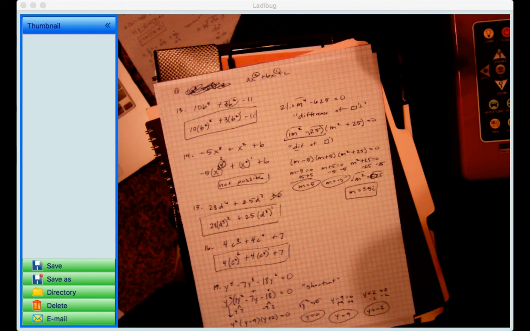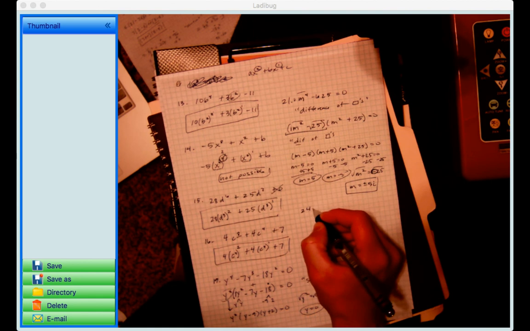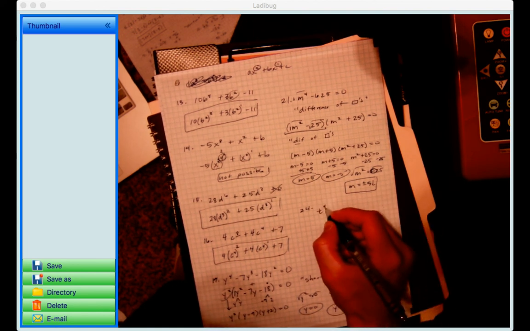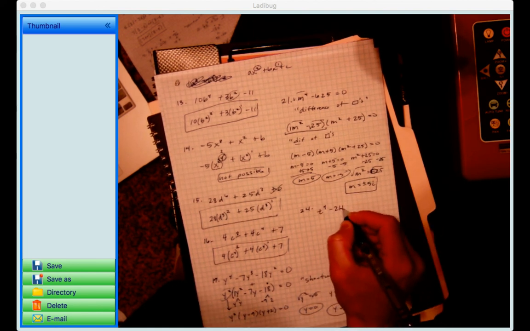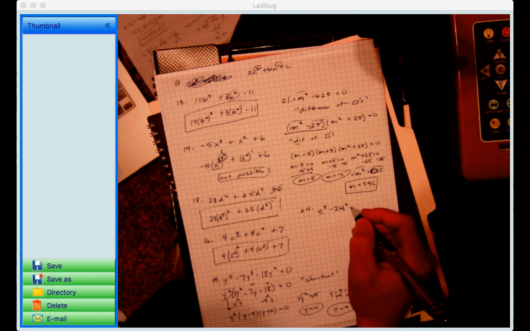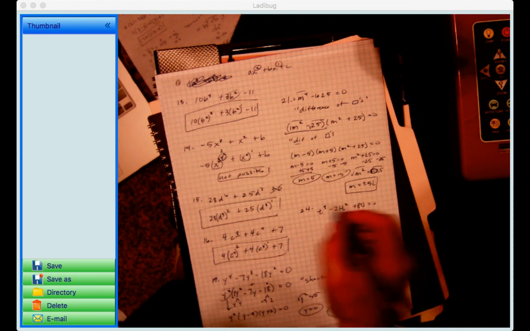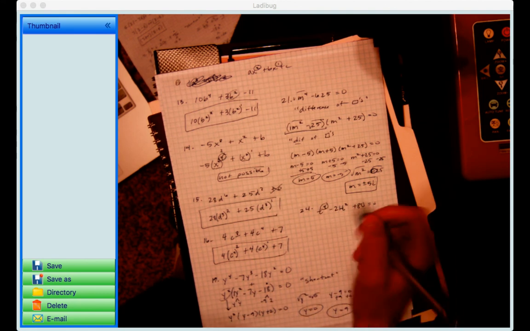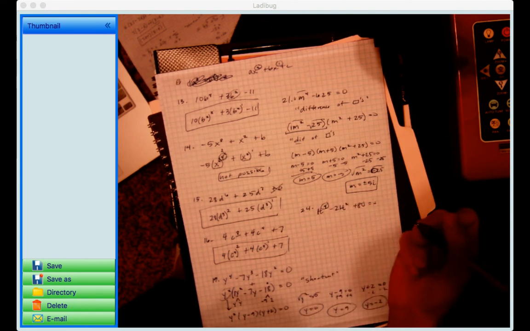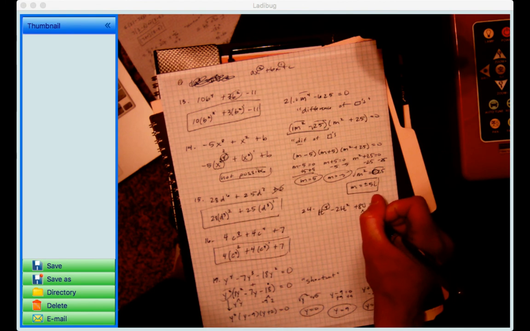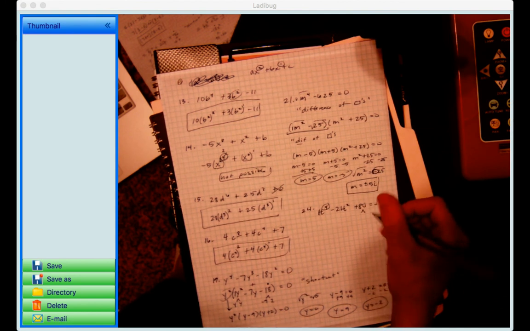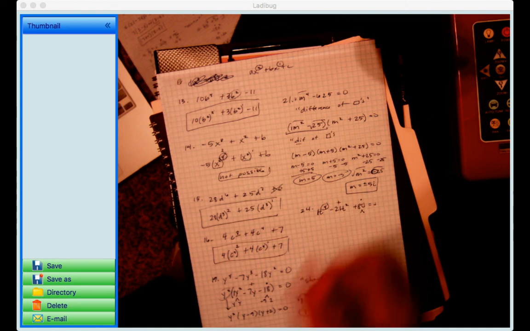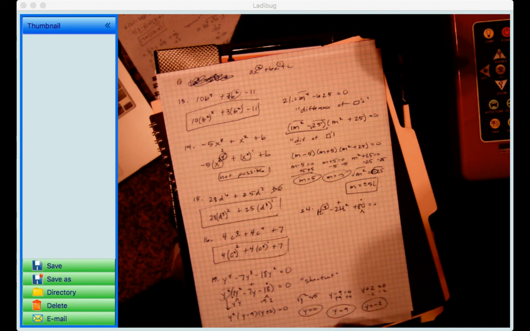I'll do 24. So we have t^4 minus 21t squared plus 80. Okay, just careful because that's a 4 there. Again, shortcut version, you have a 1 there. So I like to go right to multiples of 80 that add to negative 21.